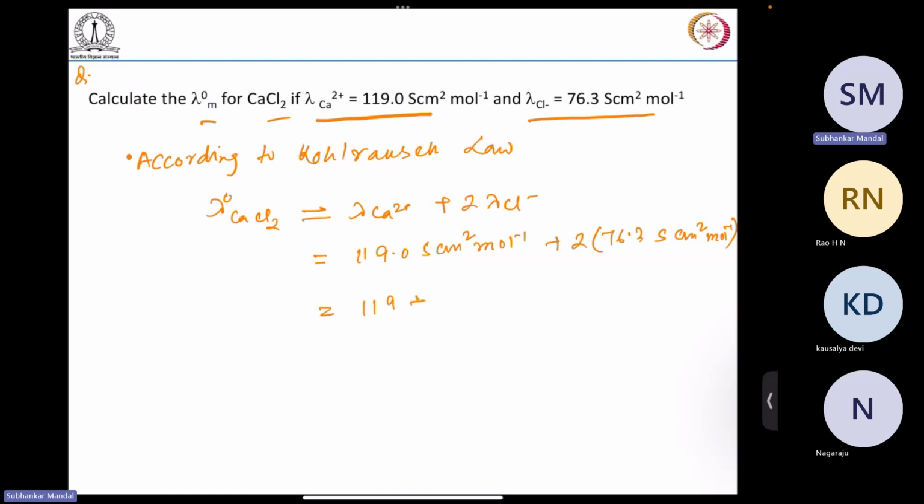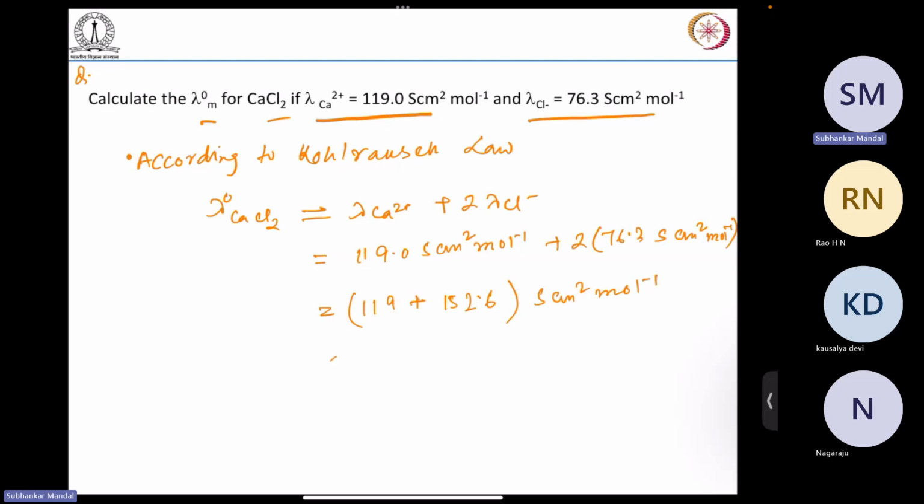119 plus 2 times 76.3, that is 152, Siemens centimeter square mole inverse.